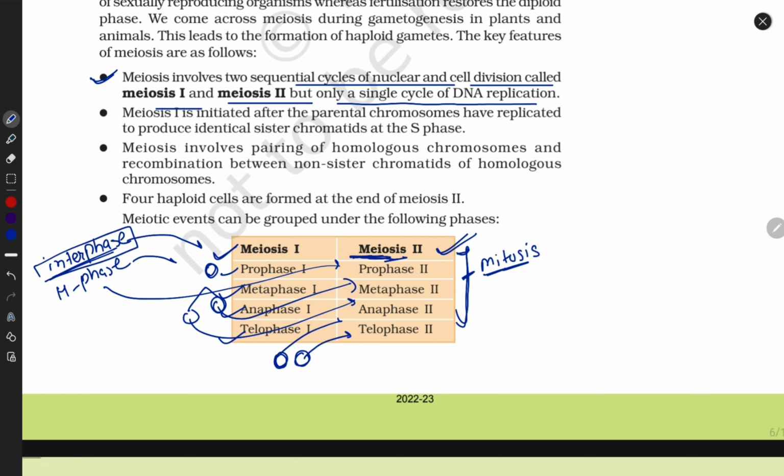So it does not take time for interphase G1, S, or G2. Meiosis 1 has S phase, G1 phase, and G2 phase, but meiosis 2 does not have them.